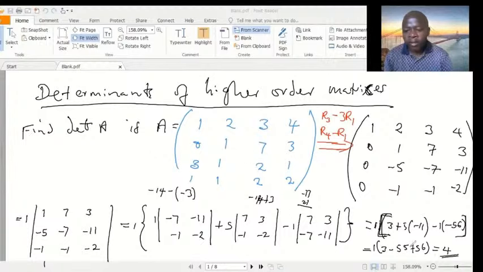You'll find the same answer. Try as many examples as possible. That's how we find the determinant of higher order matrices. You can use this method again to get the determinant of a 5 by 5 matrix, a 6 by 6 matrix, and so on.